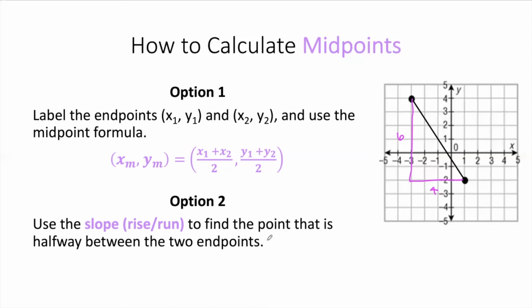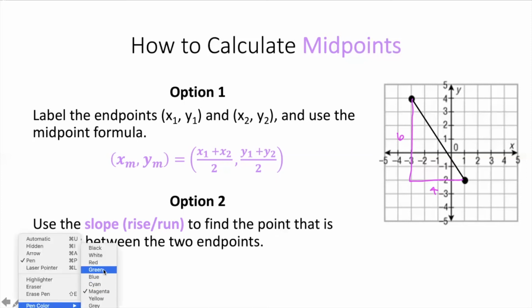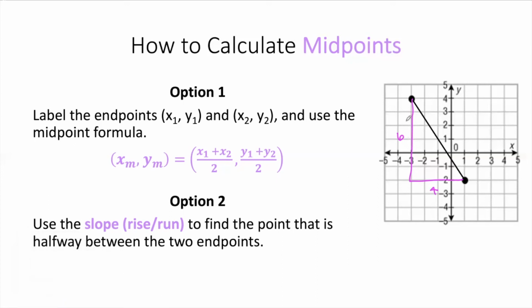Now, to find the point that is halfway between the two endpoints, well, we can take half of this rise and half of this run, and that should lead us to the point directly in the middle between these two endpoints. So half of 6 is 3.